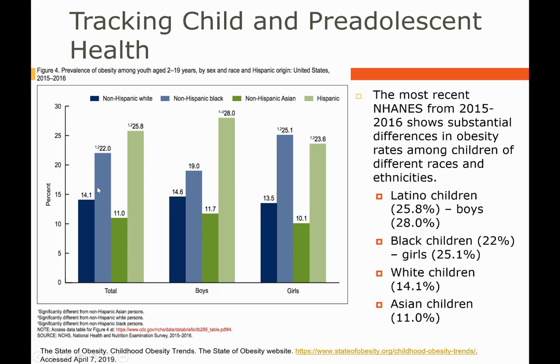And then among non-Hispanic white children, the obesity rate's 14.1%, a little bit higher for boys and a little bit lower for girls. And then for Asians, we see the lowest prevalence of childhood obesity, around 11% total, 11.7% for boys and 10.1% for girls. So that's to give you an idea of the prevalence, which shows you a snapshot of a proportion of who has obesity.